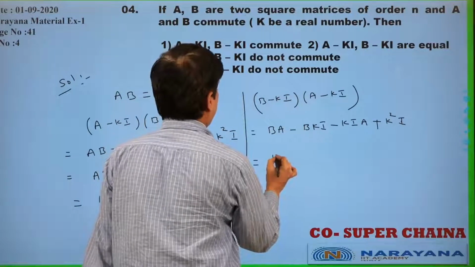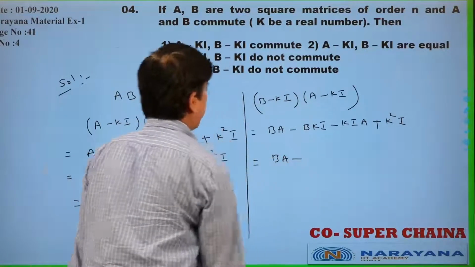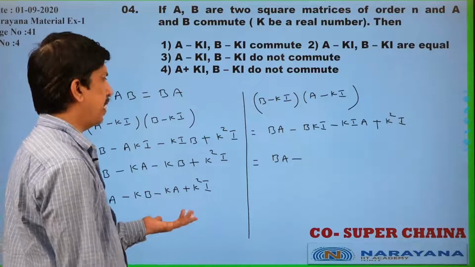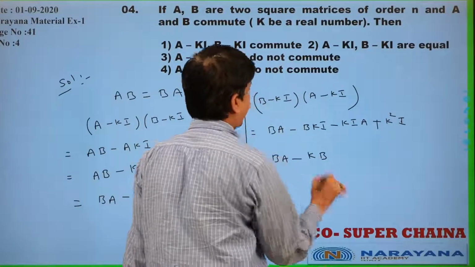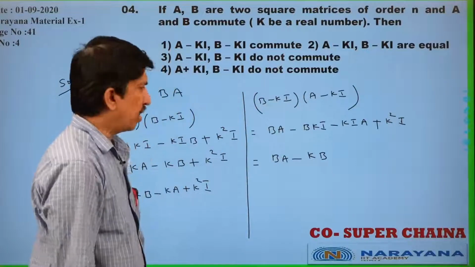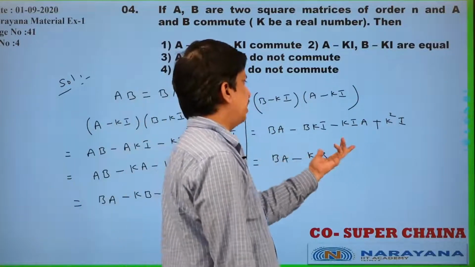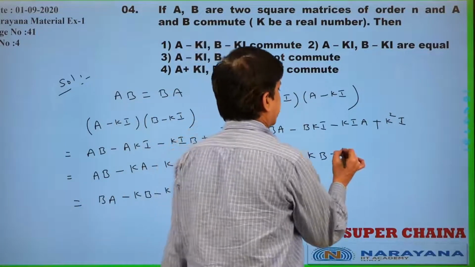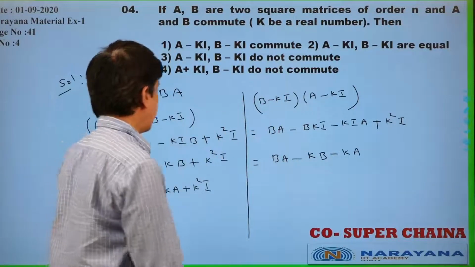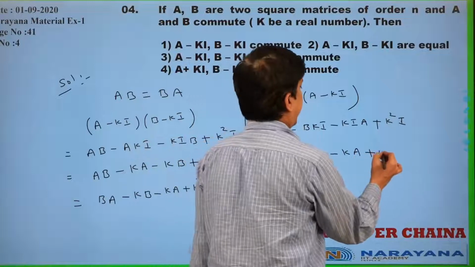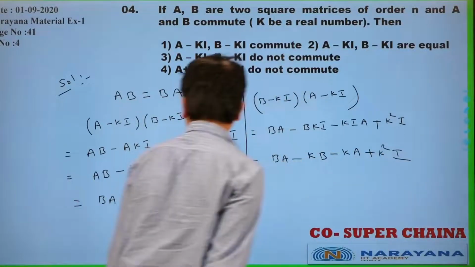Now that is equal to BA minus B, K is a constant, BI means what? Minus KB you can write. Is it clear or not? Here A into I means A only, that is minus KA, K is a scalar only, plus K square I.